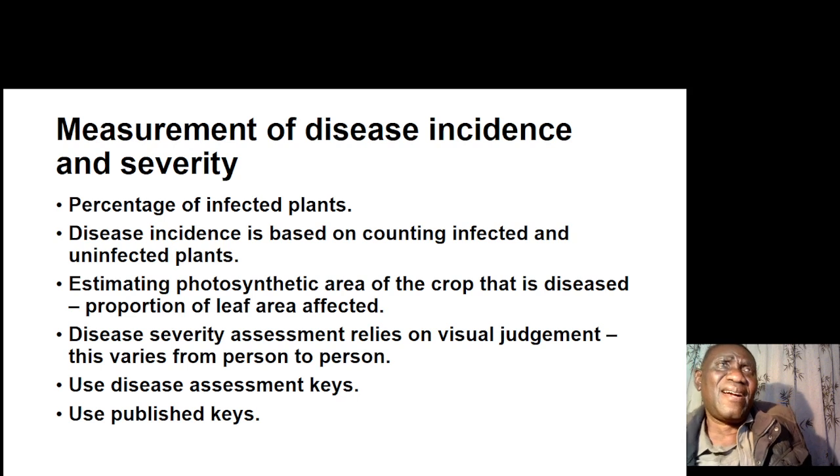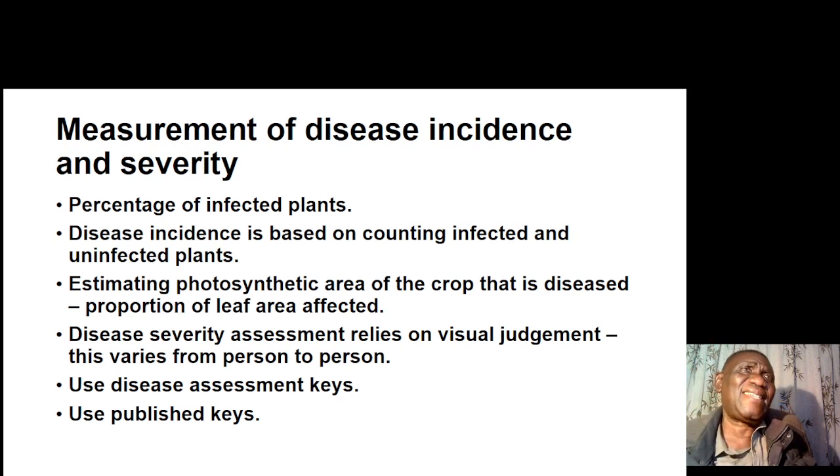Measurement of disease incidence and severity: percentage of infected plants usually points to disease incidence. So disease incidence is based on counting infected and uninfected plants.